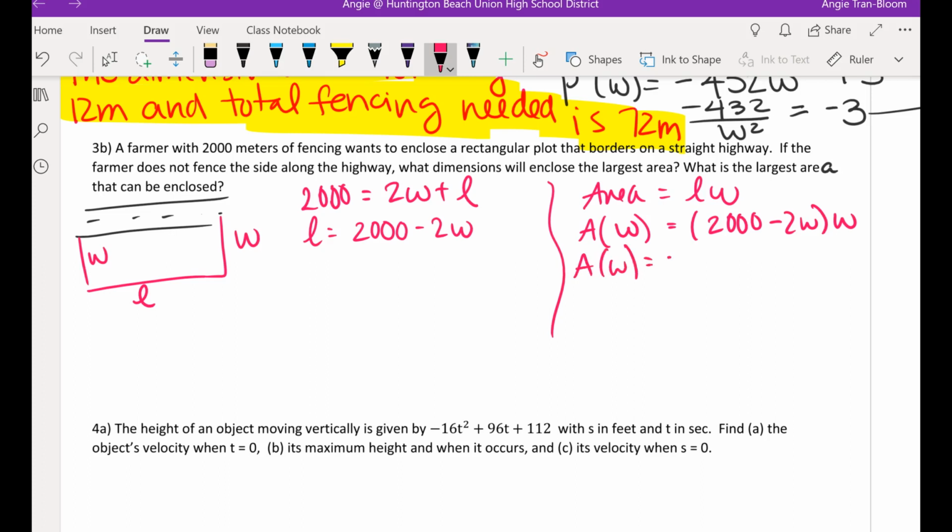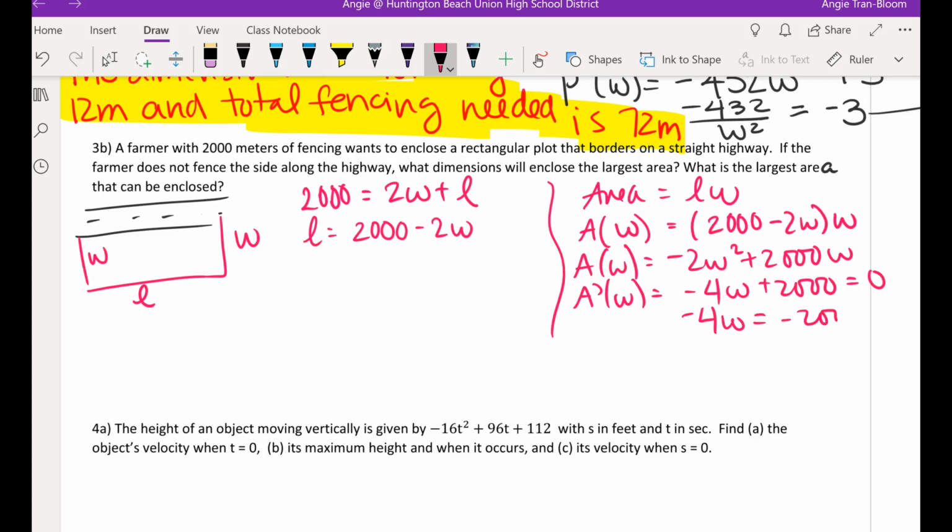So that's going to be negative 2W squared plus 2,000W. So A prime of W is negative 4W plus 2,000. Set it equal to 0 because we want to find the critical point. So negative 4W equals negative 2,000. W equals negative 2,000 divided by negative 4, which is a positive 500.